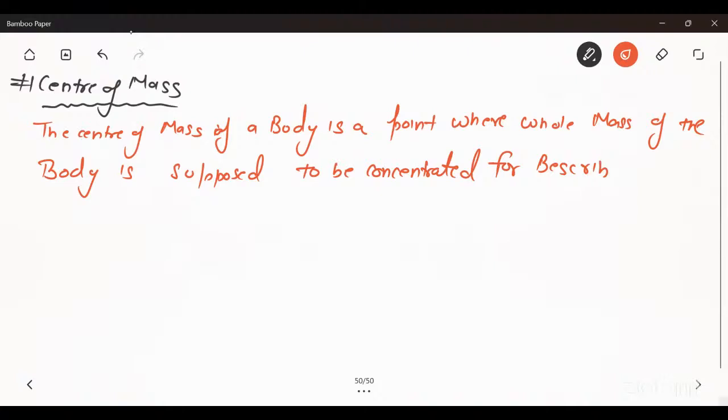What translatory motion and rotational motion are, I will discuss later. Firstly, let me give the definition of center of mass and center of gravity.